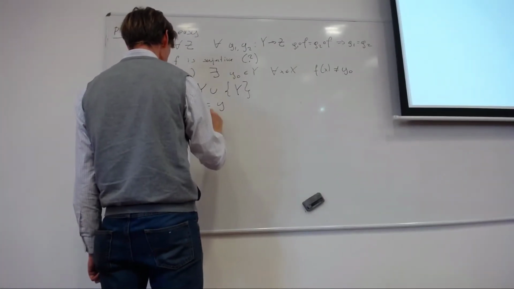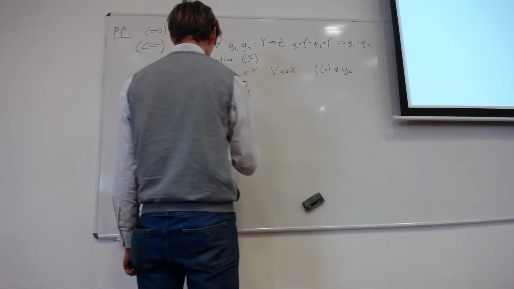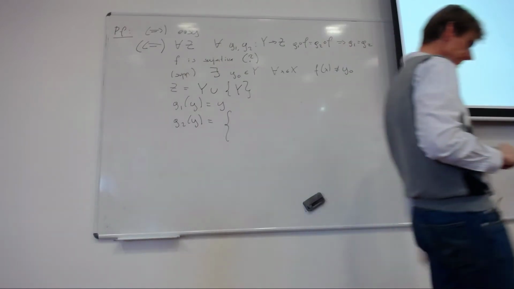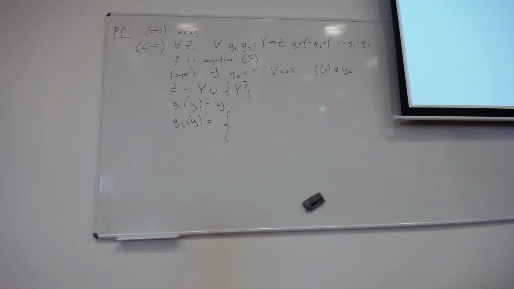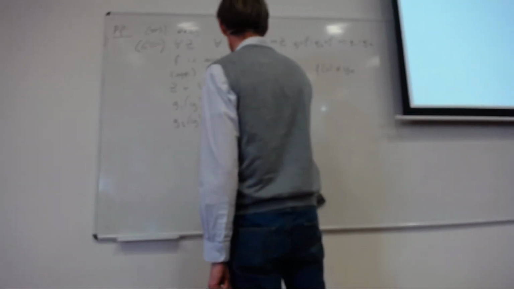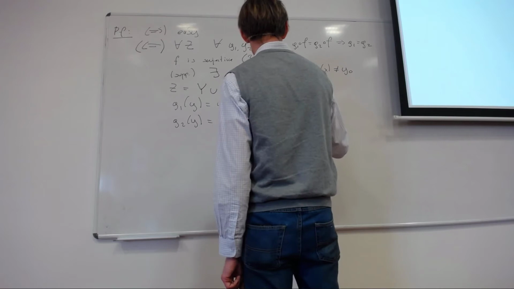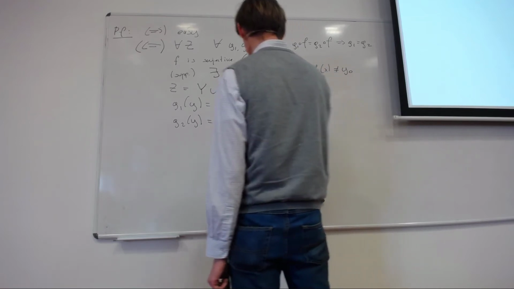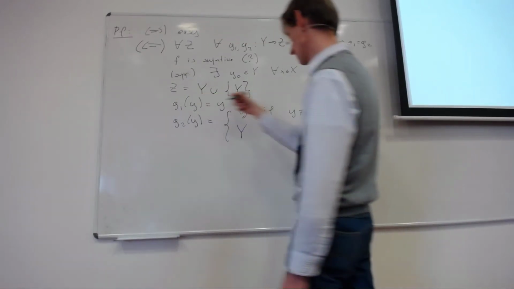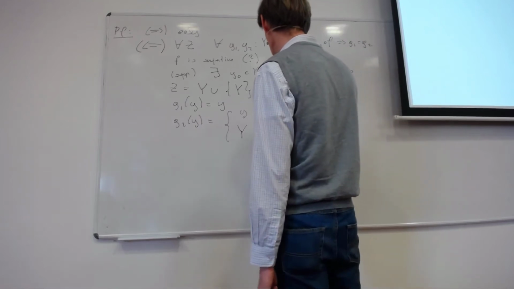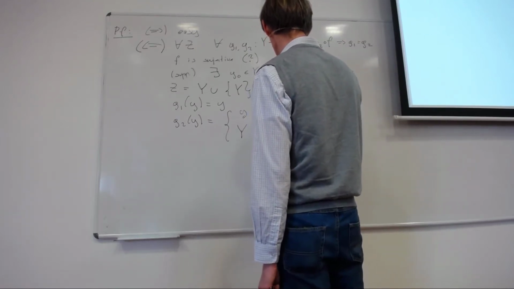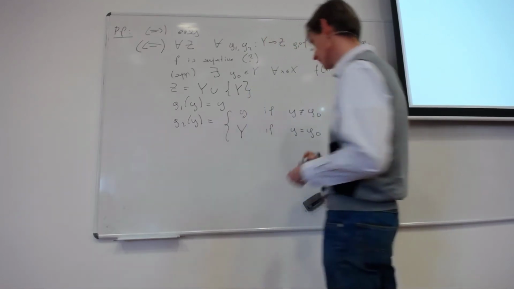And G2 of y will be y if y is different from y0, or the whole set Y, which is really a separate element of Z, if y was equal to y0.